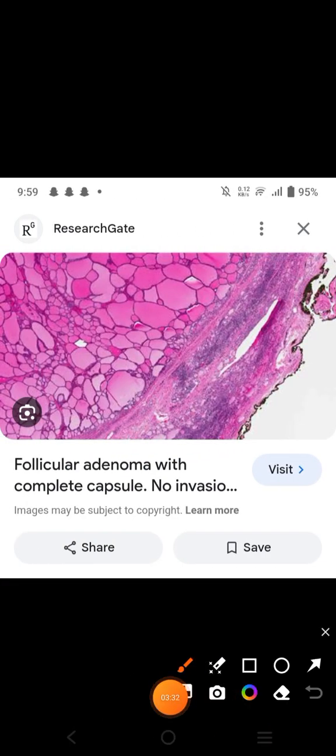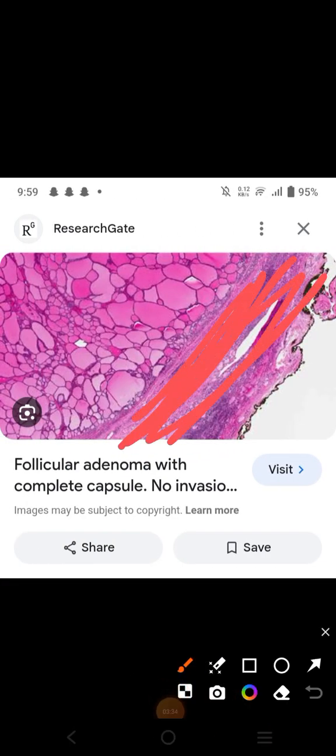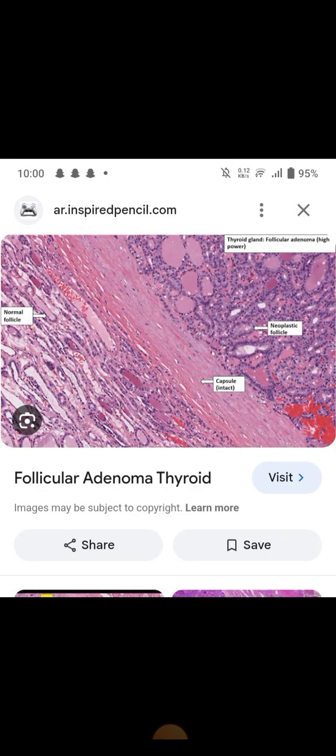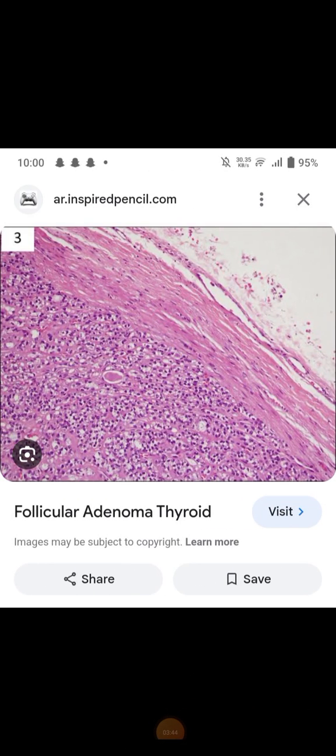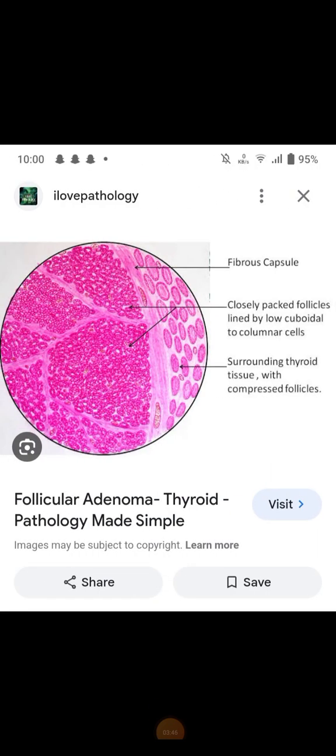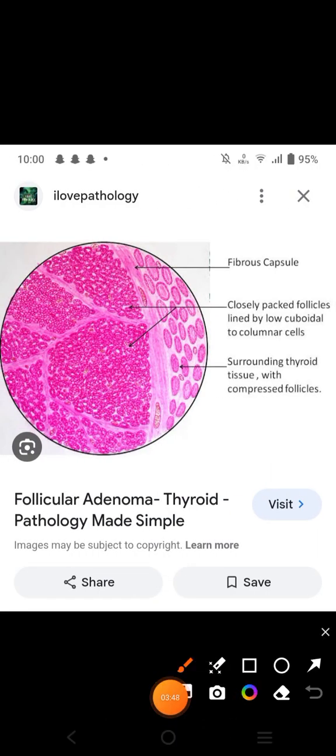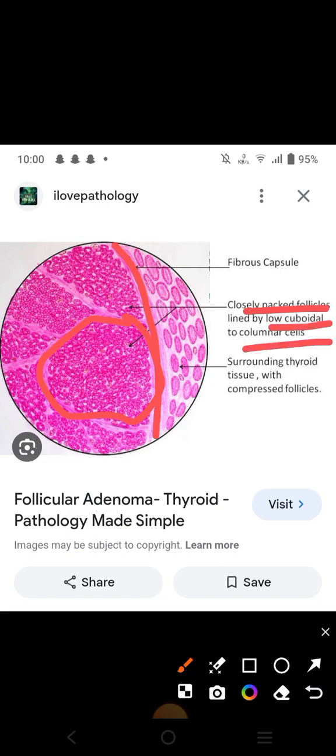Here the capsule is beautifully intact. You can see that not a single cell is invading this capsule, so it is follicular adenoma, not carcinoma. Again the capsule is intact here, and again this is a beautiful description. You can take a screenshot again: it is a fibrous capsule, and here are closely packed follicles lined by low cuboidal to columnar cells, and it is an intact fibrous capsule, so it is adenoma.